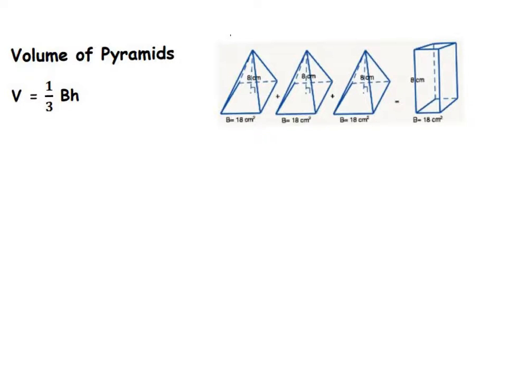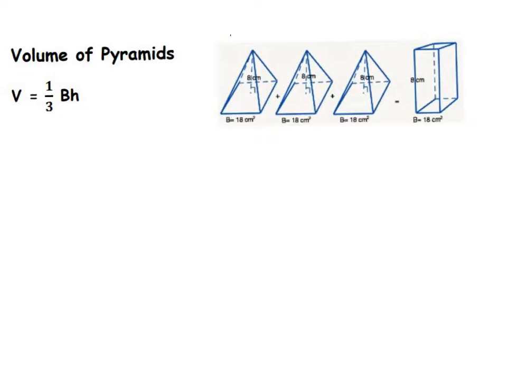Okay, so we know how to find the volume of the cube, right? It's area of the base times the height of the cube. And that's what it is. Well, if I know the volume of the cube, then all I have to do is divide it by 3, or take 1/3 of it, and you get the volume of a pyramid.